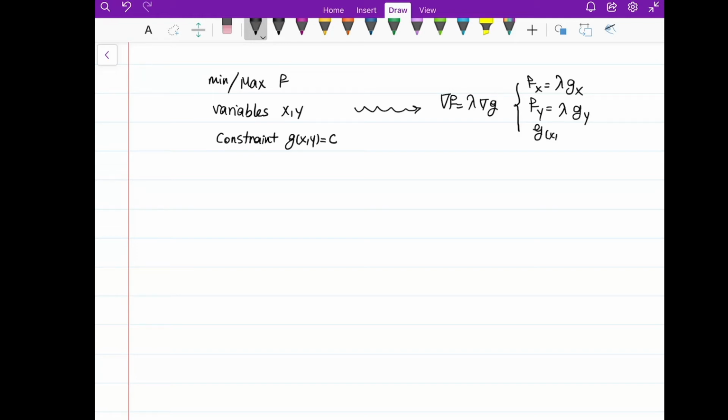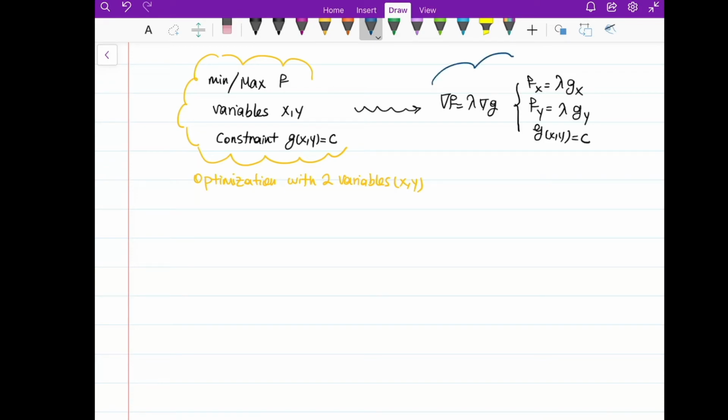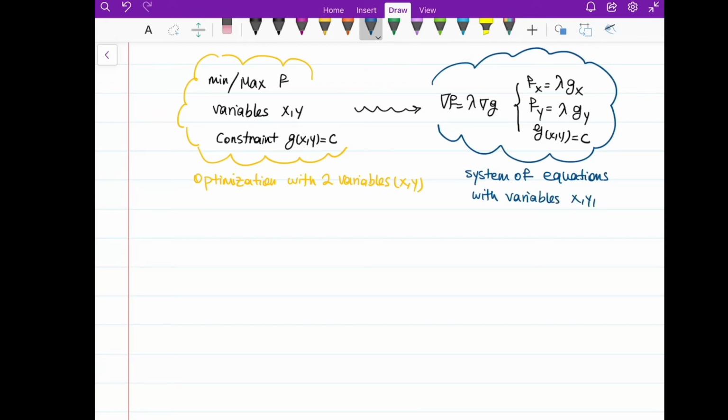And g of x and y equals c. Instead of solving the optimization with two variables x and y like that, I just need to solve this system of equations with variables x, y, and lambda.